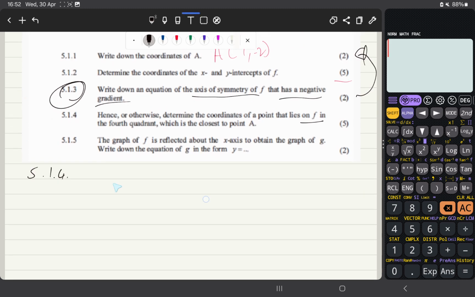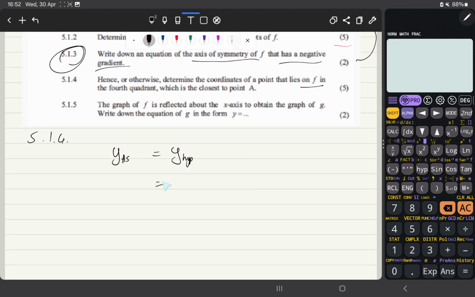So let's do that. We have y for the axis of symmetry, and then we have y for your hyperbola. This is minus x minus 1, and this is minus 9 over x minus 1, minus 2. Now what do we do?